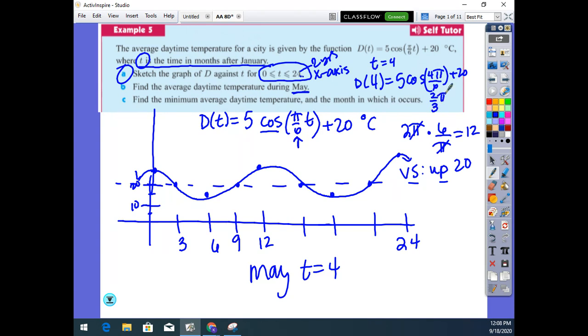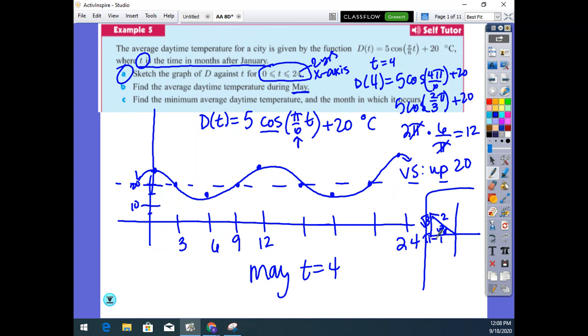So I need to find cosine of 2 pi over 3. If I graph 2 pi over 3, remember this is pi, so 2/3 would be here. So this is 1/3, or 60 degrees. So this is 1, 2, square root of 3.